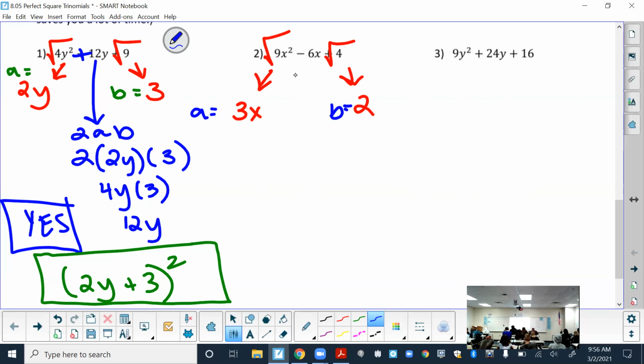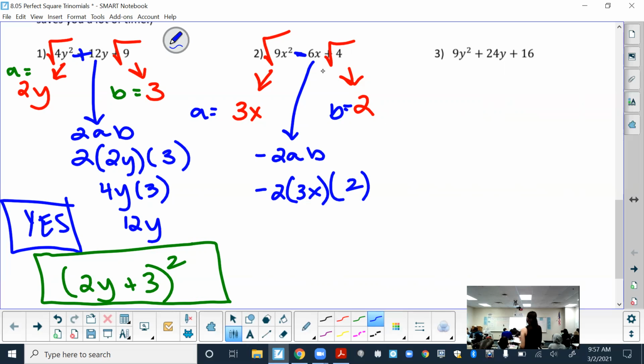Now we need to check the middle term. Since it's negative in the problem, it needs to be negative 2 times a times b. So I'm doing negative 2 times a, which is 3x, times b, which is 2. When I multiply this out, do I get negative 6x? I do not, because when I do the first 2, I get negative 6x, times 2, then I get negative 12x.